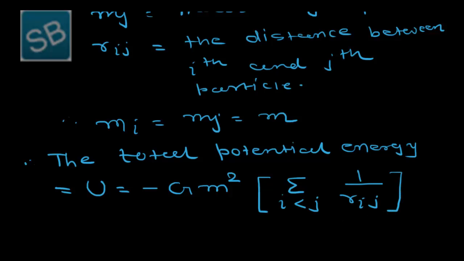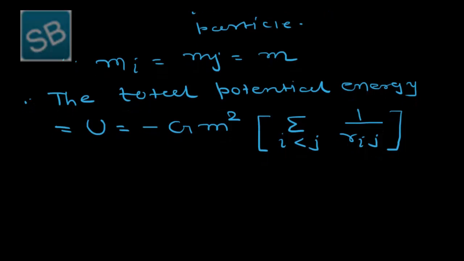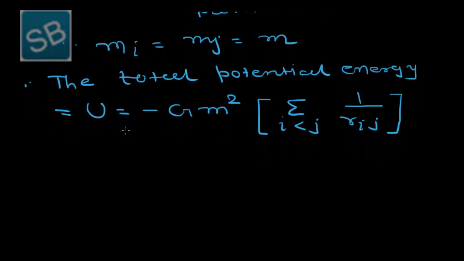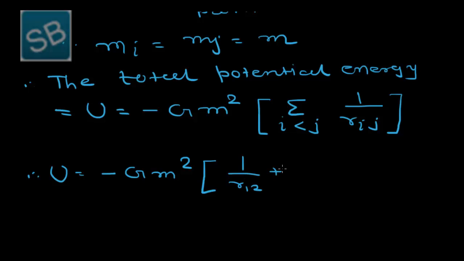Such kind of pair we have to obtain from the figure, and it is very easy because it is only for 4 particles. So U is equal to minus G m square into the bracket 1 over r12 plus 1 over r13 plus 1 over r14.